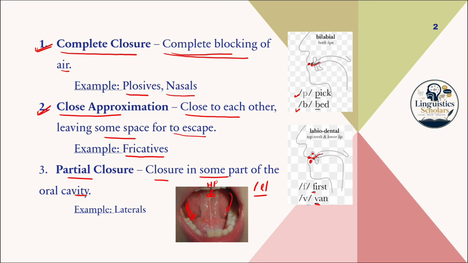Because of the contact between the tip and blade and the hard palate, it does not allow the air to come out from the center of the mouth, rather it allows it from the sides. So a certain part of the mouth is closed completely. Such a constriction is known as partial closure.